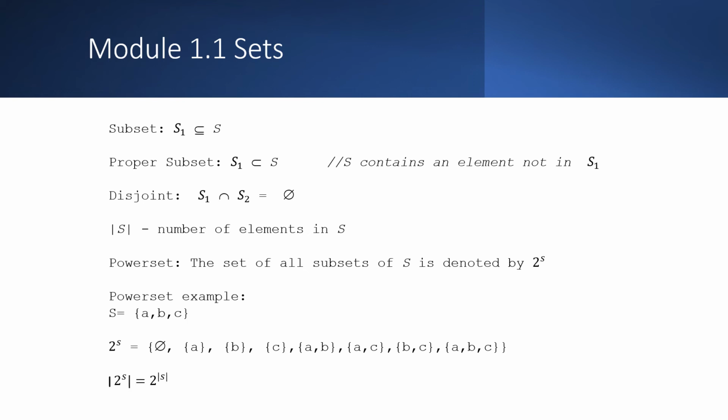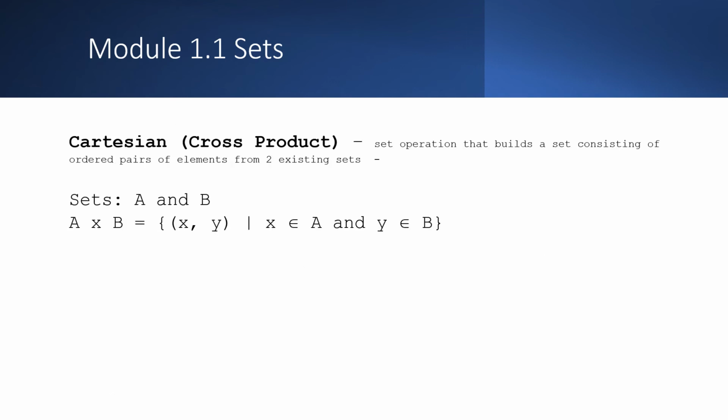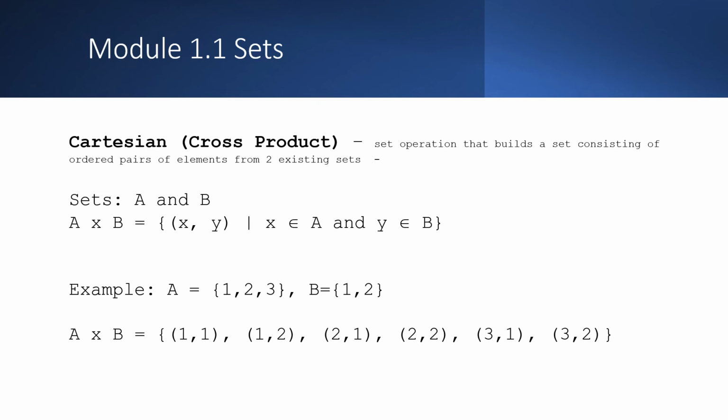The size of the power set, 2 to the S, is the same as 2 to the size of S. Cartesian product. This is a very simple Cartesian product. If A contains 1, 2, and 3, and B contains 1, 2, then you just pair each element with the element in the other set.